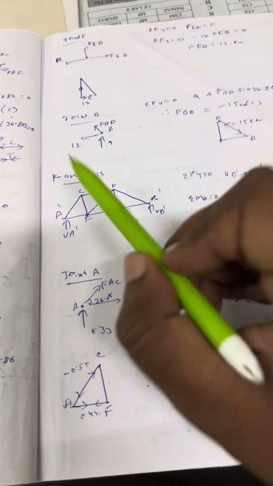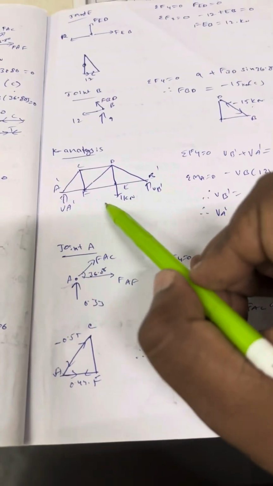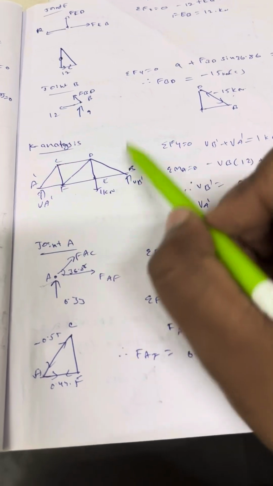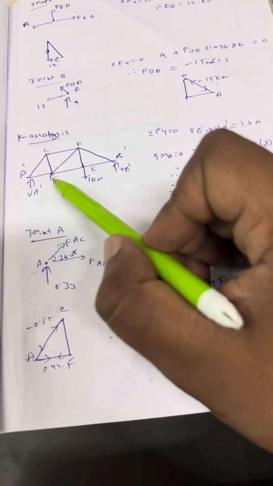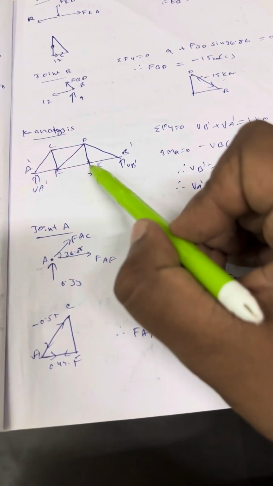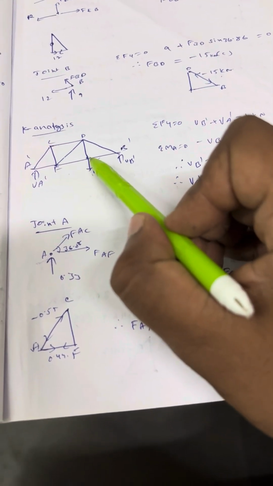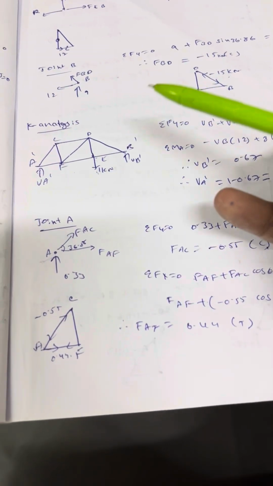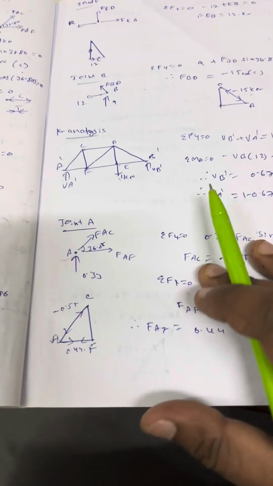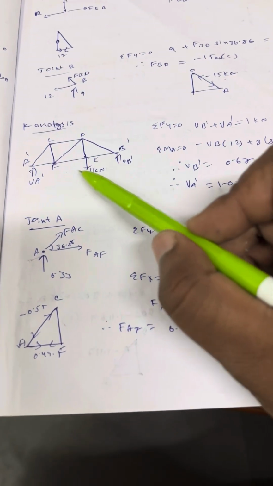Next, K analysis. What is this K analysis? Remove all the external forces. This force at C is removed, and this force at F is removed. And I have applied 1 kilonewton at E because we need deflection at E. Now calculate all the member forces.